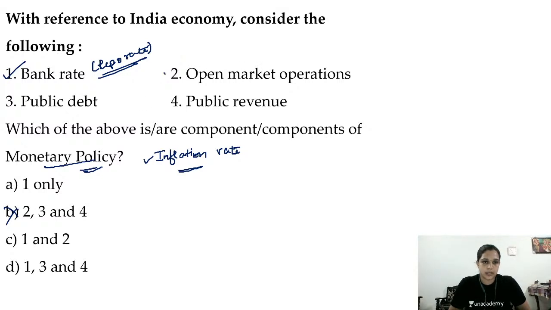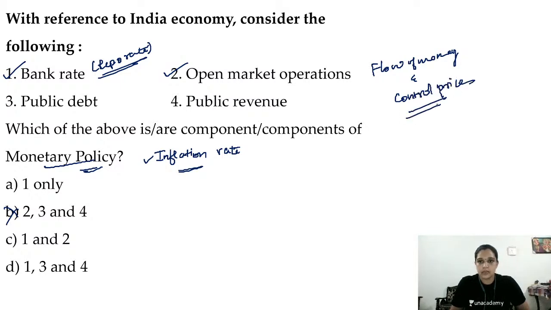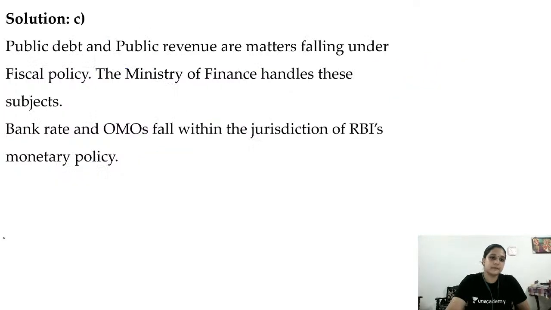Open market operations is again the flow of money and controlling the prices. What is inflation? Increase in the price. So the second option will come. But public debt and public revenue is not monetary policy, it is related to the government, it is the work of government. So the option is 1 and 2 only.